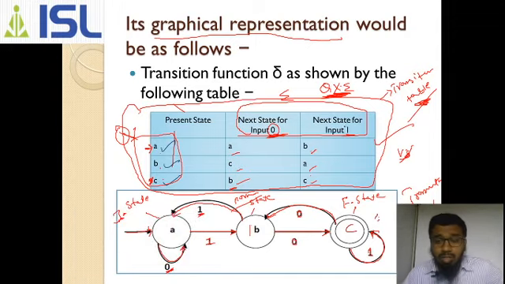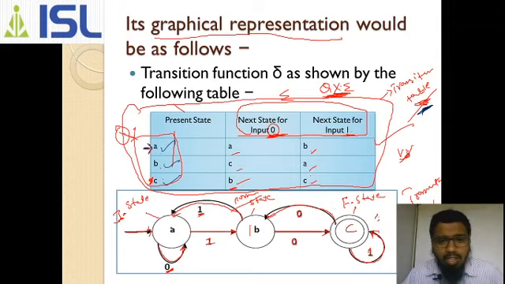With the help of the transition table, we can make the transition graph. How? Just quickly I will tell you. This is the initial state, A. How many Q's are there? A, B and C. And how many sigma are there? 0 and 1.